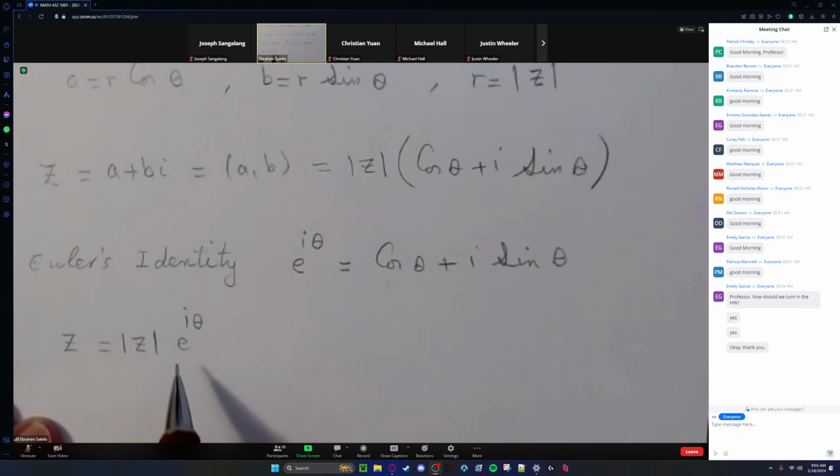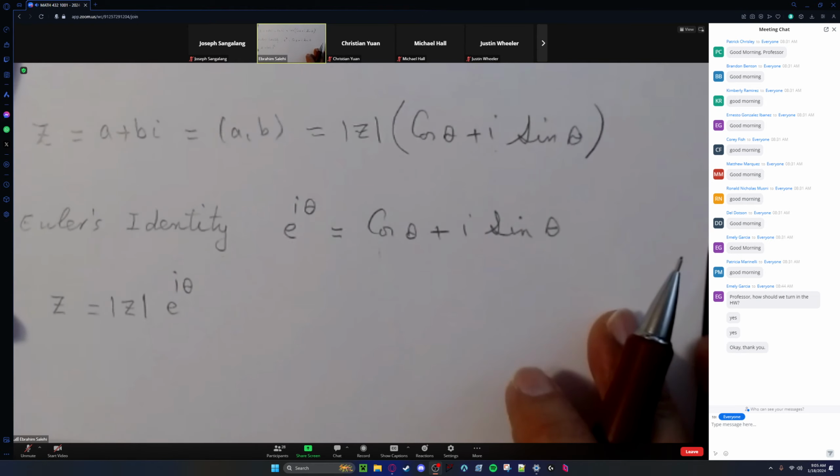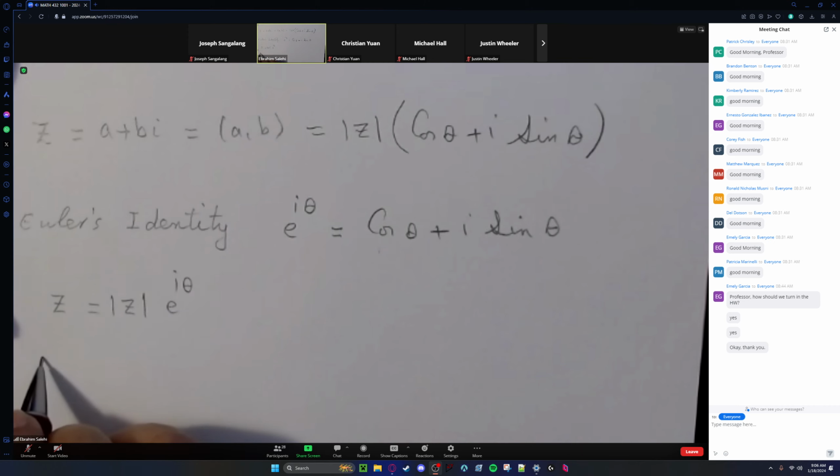There are some very useful applications for this one. Last time I talked about one of them. One of them is called the de Moivre formula.